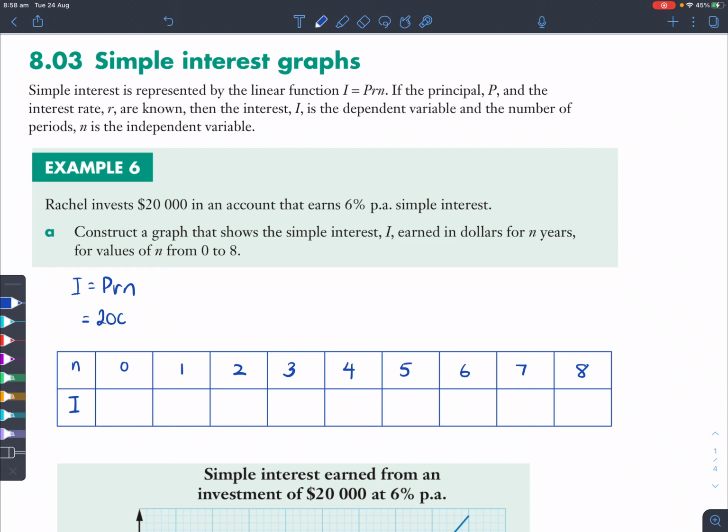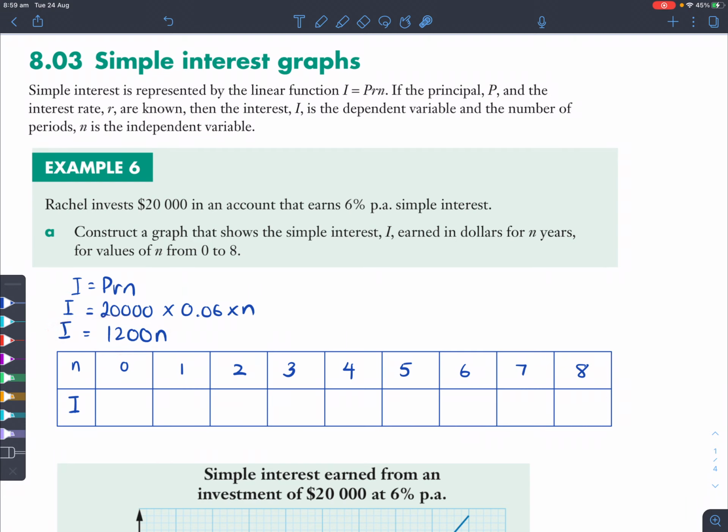So we write 20,000, and then we pop in the rate of 6% per annum, which is 0.06, or you can write 6% if you want, times n, which we don't know yet, or we do know, but we're not going to put that in there yet. Once we get that, we can multiply these two numbers, and that gives us 1,200. So our formula is I equals 1,200 times n.